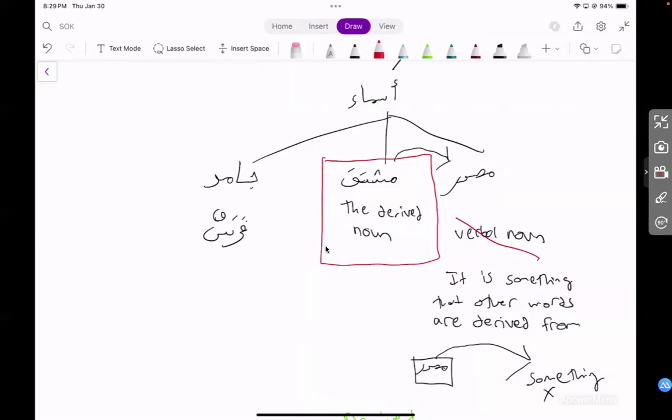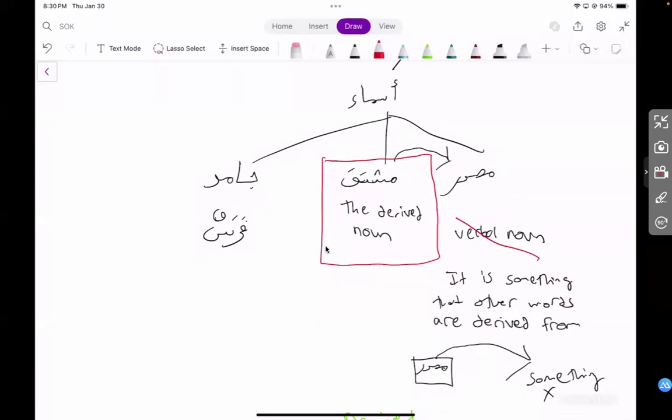It just so happens that a lot of patterns you study have a lot of verbs in them, but that doesn't mean that sarf only deals with af'al or verbs. Sarf deals with more than just verbs. It deals with asma because you have asma that will have patterns. Sarf is basically the science of understanding, and there's a proper definition at the beginning of the slides, way back.